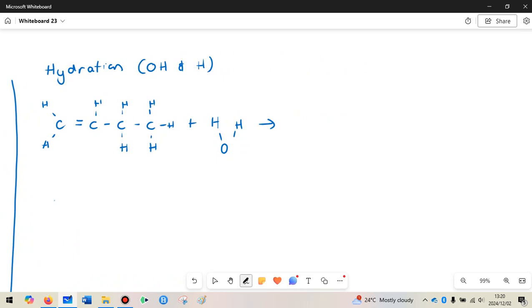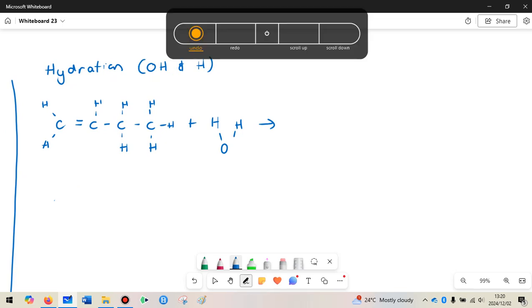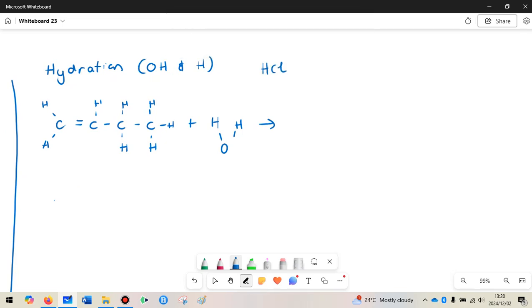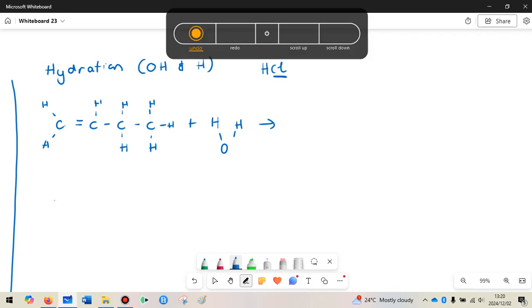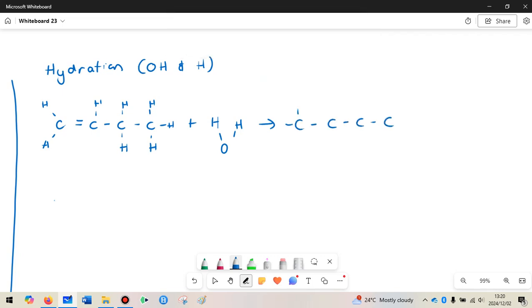Now the rule here is that your OH, in inverted commas, the important part of the molecule, I just say the OH. If we add hydrogen halides later, I'm going to talk about the Cl. In this case, I'm talking about the OH. Where does the OH get added into this molecule? When that double bond breaks, you have two options of where to add the OH. You can either add it on carbon number 2 or carbon number 1.